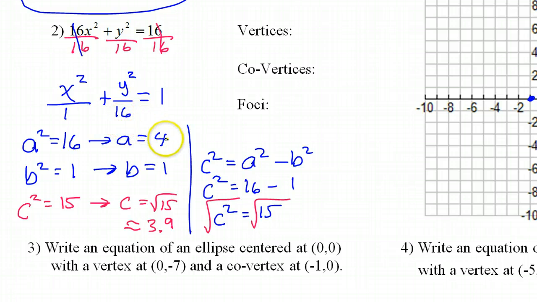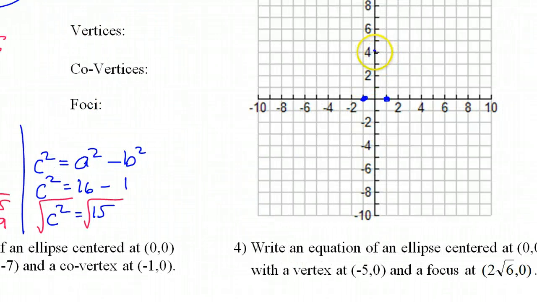So that's why I will go 4 in the y direction. So I will go 4 up, and I will go 4 down. So you can see my skinny little ellipse here.